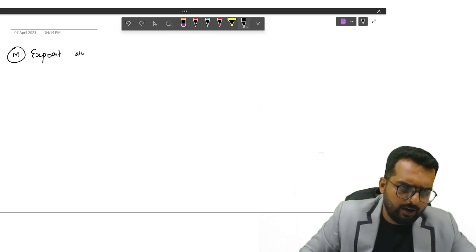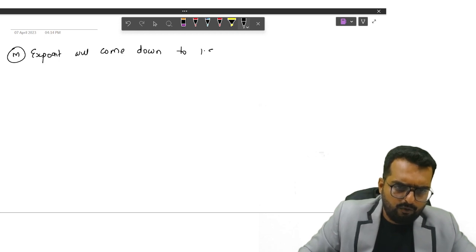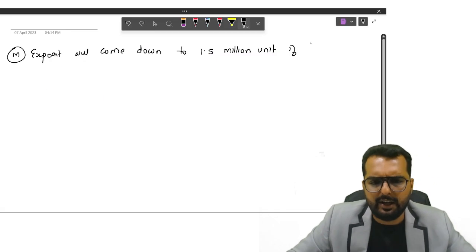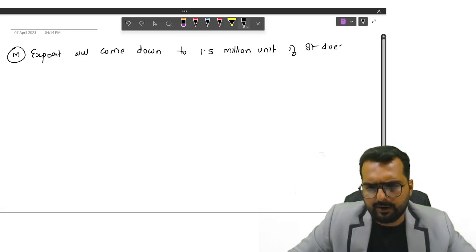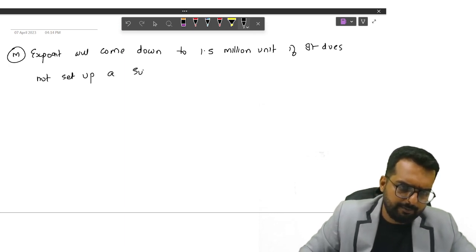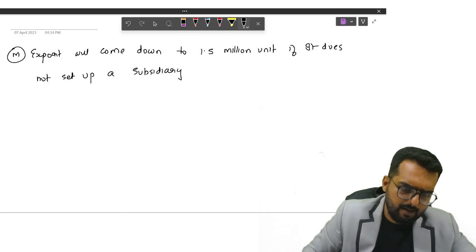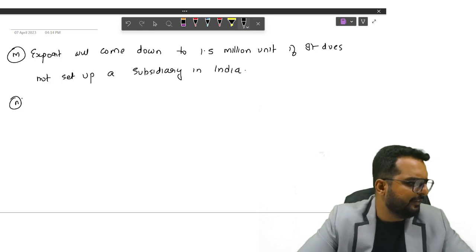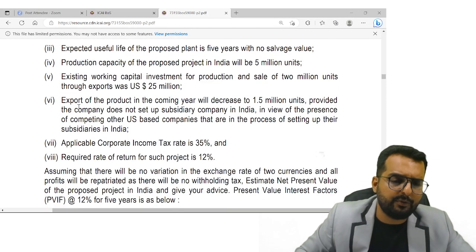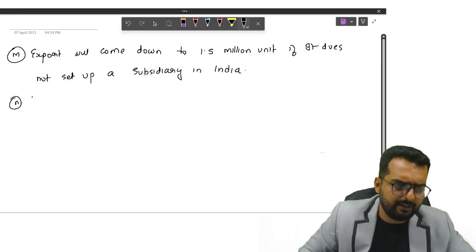Export will come down to 1.5 million units if it does not set up a subsidiary in India. This sentence is very, very crucial, friends, because we have an interpretation based on this which may later on be confusing. That time I'll help you to interpret this.